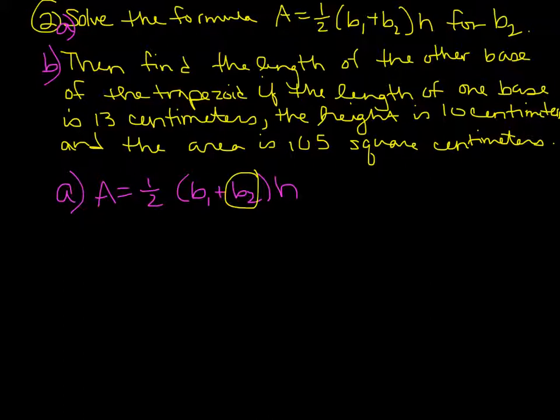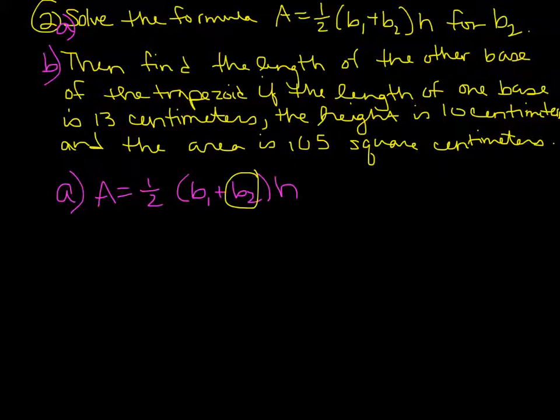I would generally say start with whatever's furthest away from the B2. In actuality, you have two choices. You can either start by getting rid of the 1/2, or you can start by getting rid of the H. I am going to go for the 1/2 because having a random fraction makes the problem a lot harder.